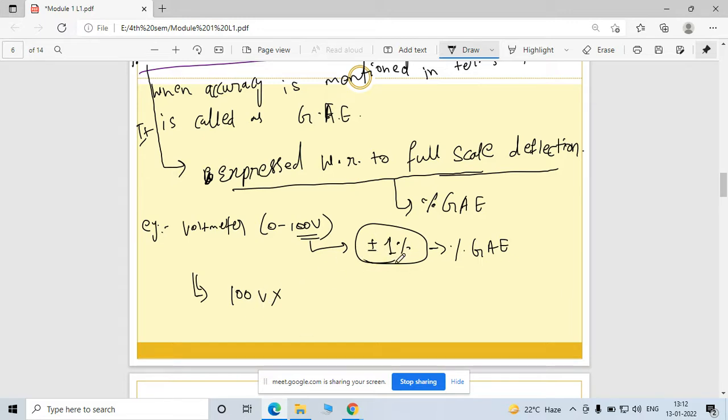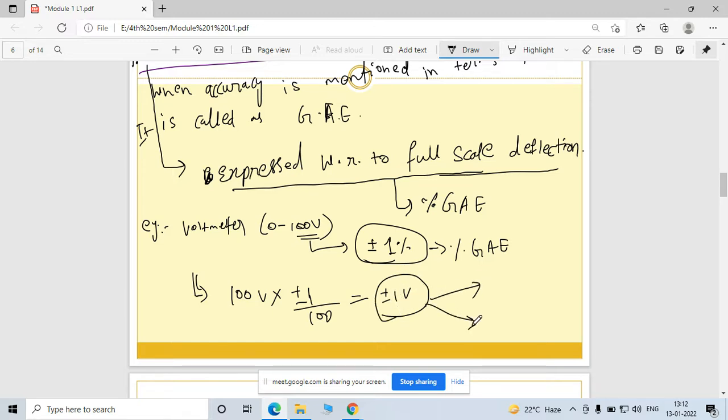So at 100 volt you have 1% error, which is plus minus 1 divided by 100 times 100, and you will get plus minus 1 volt. Means when you measure the full scale voltage as well, you will get plus minus 1 volt.